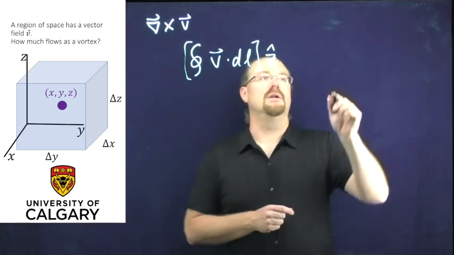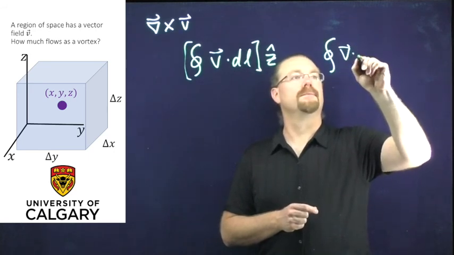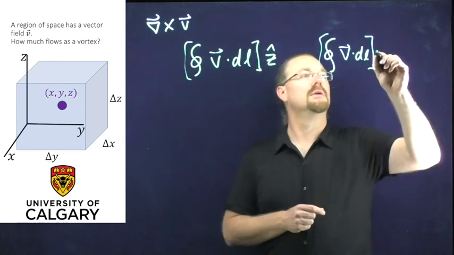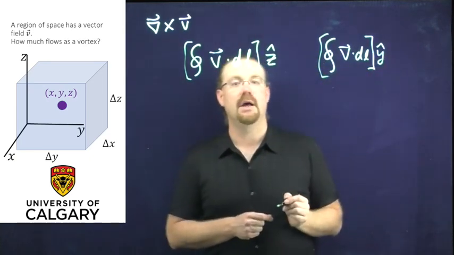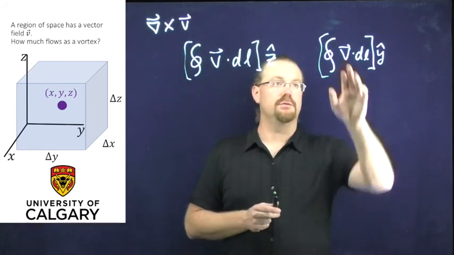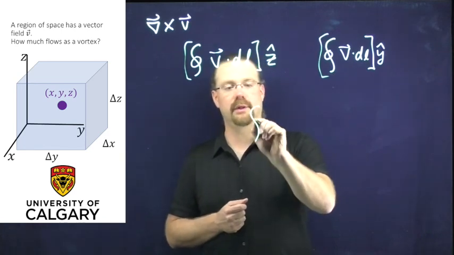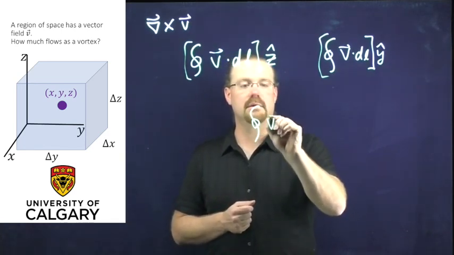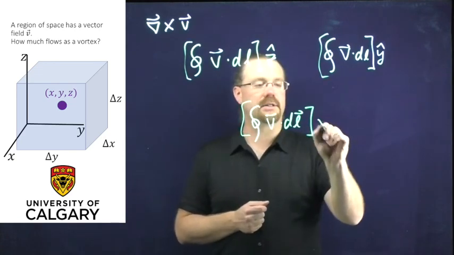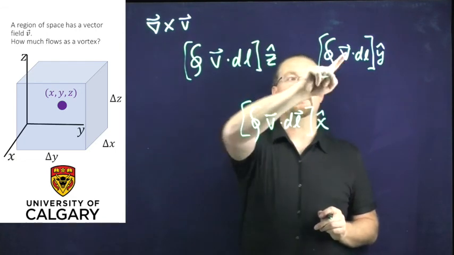Another one goes around and gives us the circulation in the y hat direction. The third is determined by the right-hand rule, and so forth, and that gives us the circulation going around in the x hat direction.